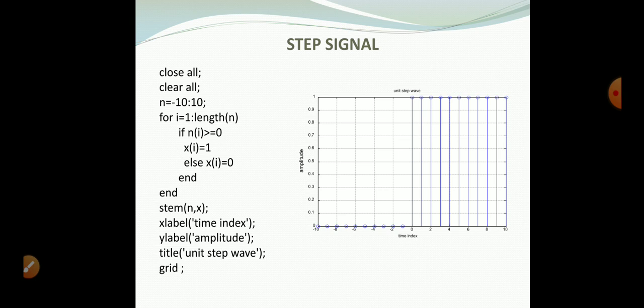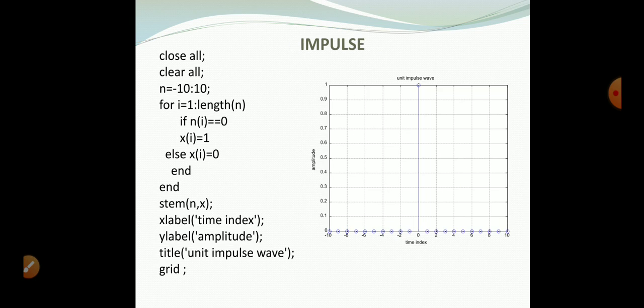The grid is given to represent the graph in grid format, where all the grid lines are shown in darker lines. This is a basic program to plot a step signal in discrete format.